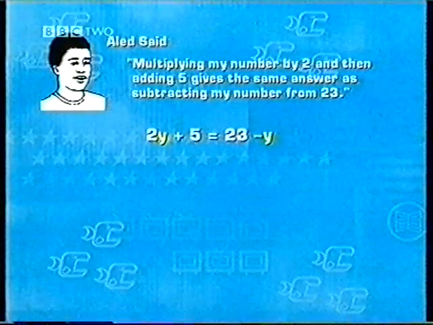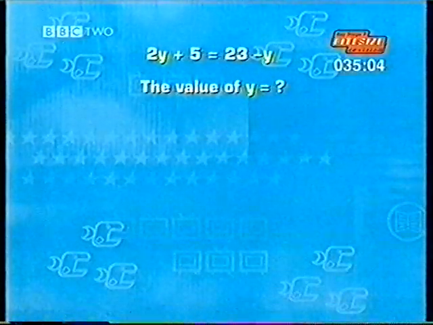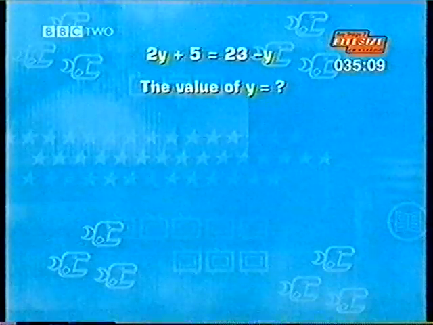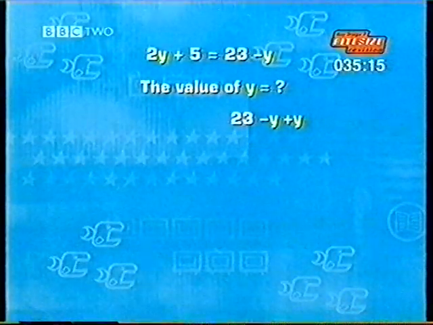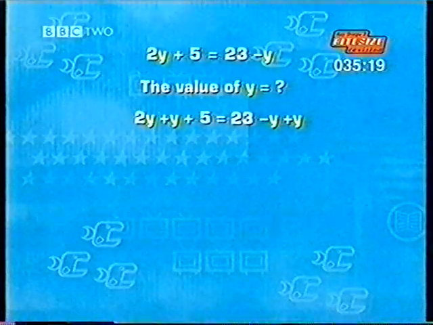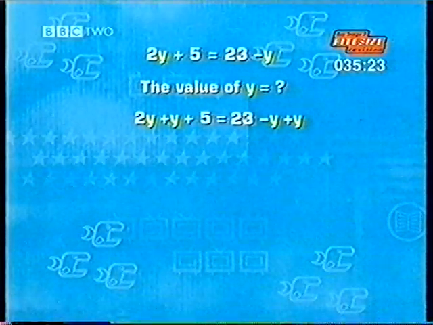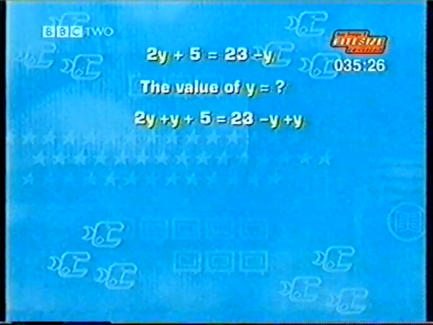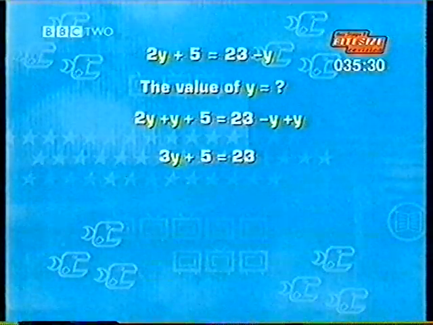Then you're asked to work out the value of Alid's number. So this time you're looking to get y equals some number. Get rid of the subtract y on the right-hand side by adding y, which of course means adding y to the left-hand side too. That leaves you with 2y, add 5 equals 23, subtract y, add y. So that's 3y, add 5 equals 23.